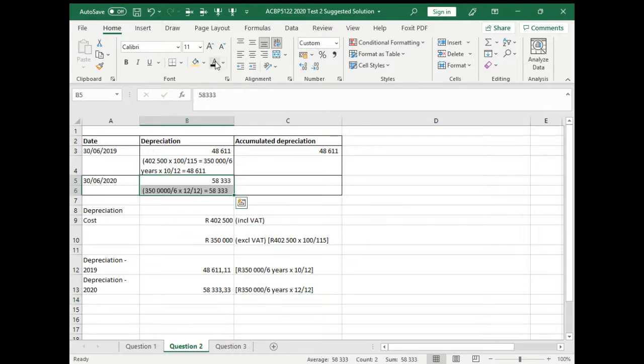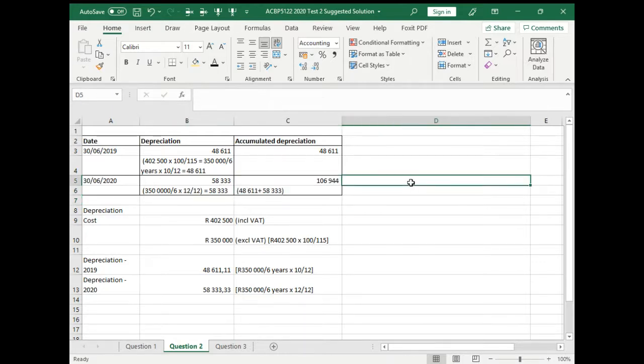So for year 2, our depreciation amount is the 58,333. And then the accumulated depreciation amount is the opening balance of 48,611, and then we add the current year depreciation charge to get to our new balance, which is 106,944.